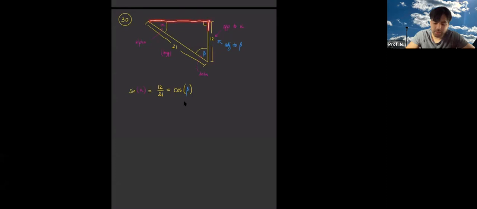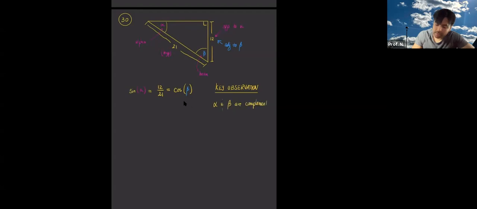This is a right triangle, right? All the angles in a right triangle or any triangle add up to 180 degrees. This is 90. So what does that make alpha and beta? So this is a key observation, guys. Key observation among all of this. The key observation is alpha and beta are complementary angles.